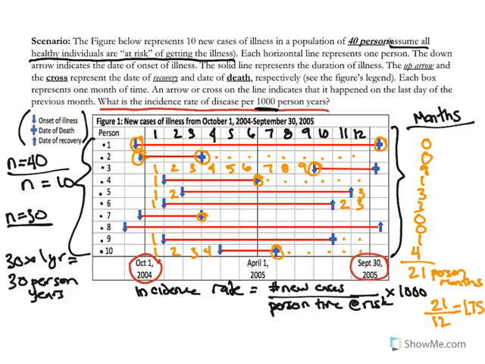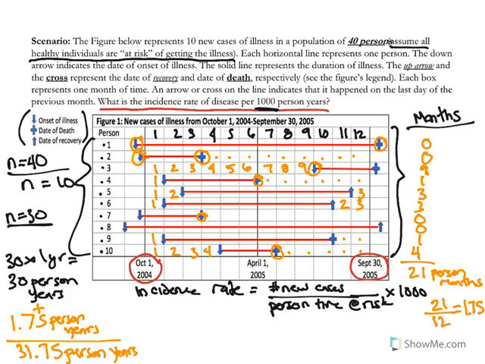So now we have 1.75 person years in total contributed by the 10 people in the figure. We need to add that to the 30 person years who were contributed by the healthy people who are not represented in the figure. So I'm going to put that over here. And that gives us in total 31.75 person years.